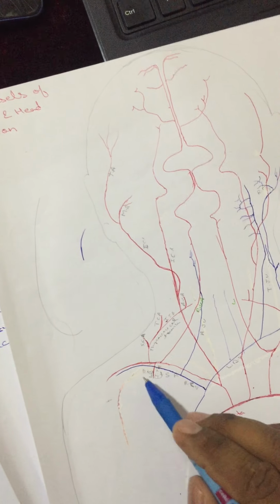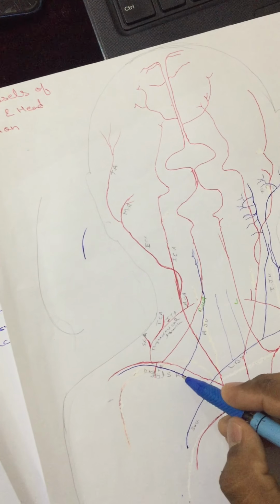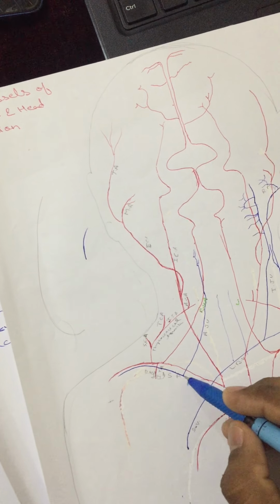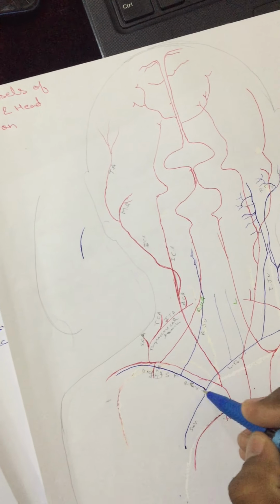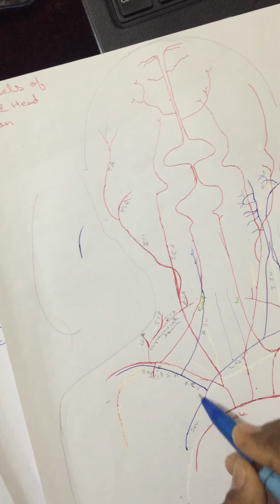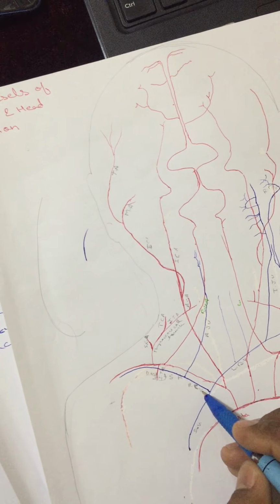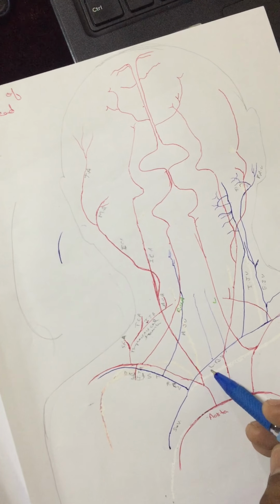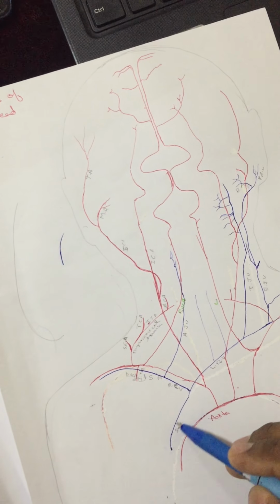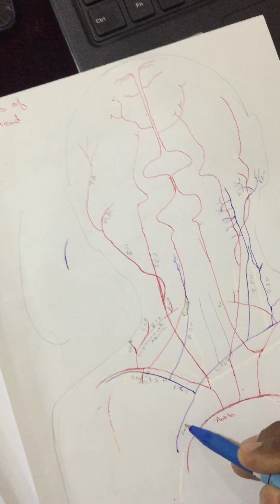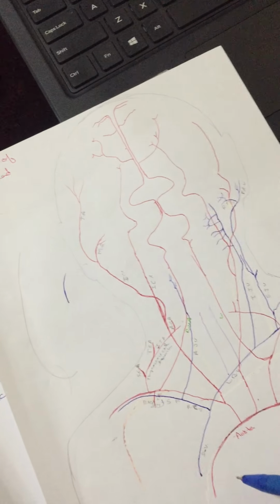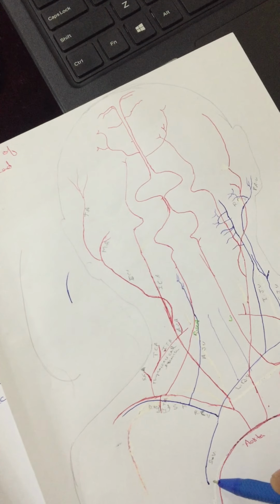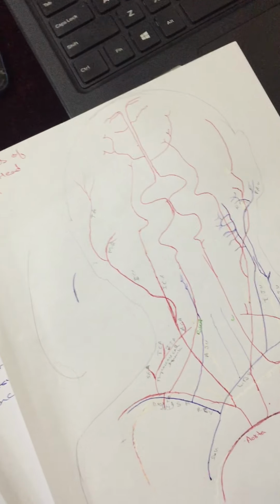The right subclavian vein here is called the right brachiocephalic vein. And when the right brachiocephalic vein and the left brachiocephalic vein join, they form the superior vena cava. The superior vena cava goes to our right atrium.